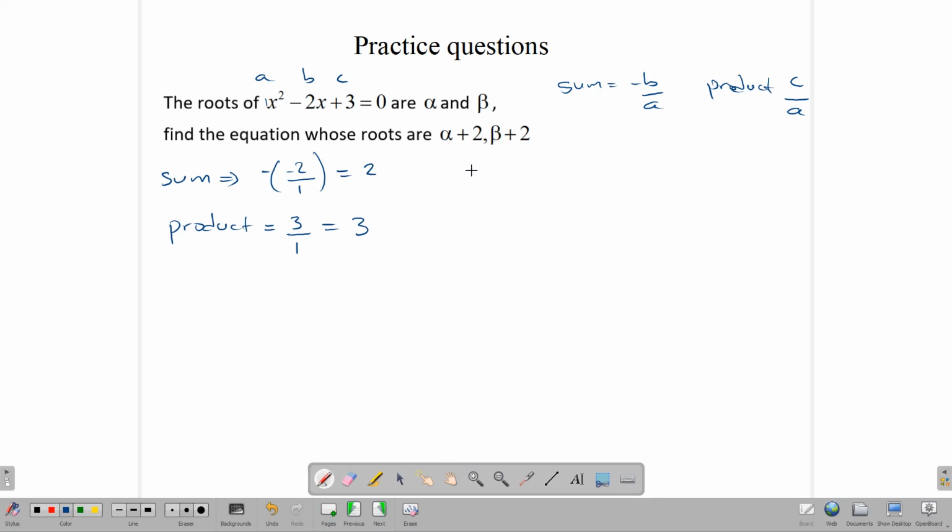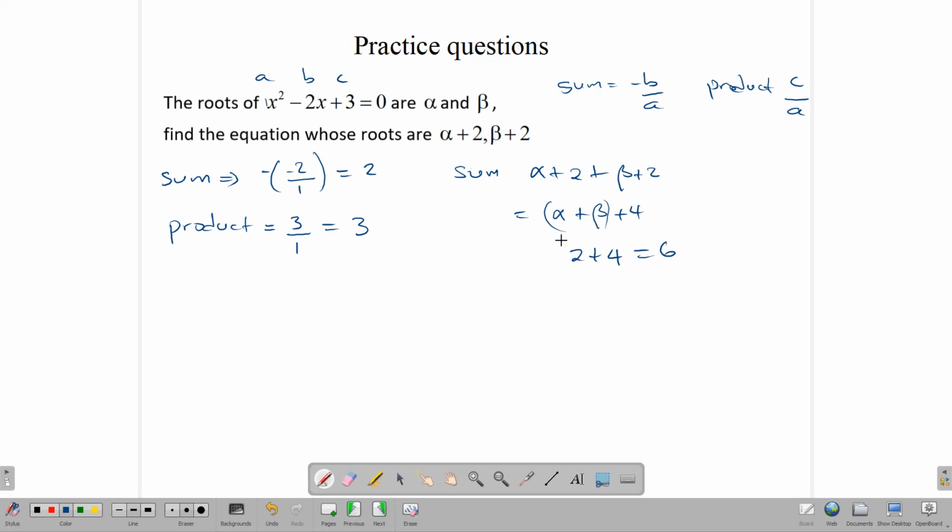If we add alpha plus 2 plus beta plus 2, then what we have is alpha plus beta plus 4. And we know what alpha plus beta is. Alpha plus beta is the sum of the roots, and the sum of the roots is 2. So that would give us 2 plus 4, and that would be 6. So the sum of the roots of the equation that we need is 6.